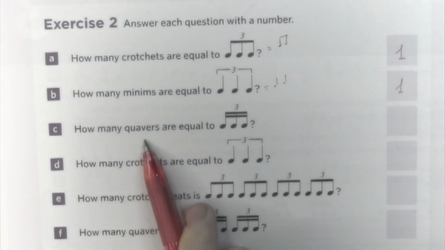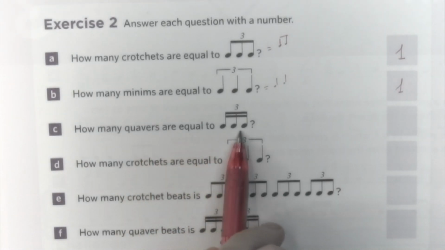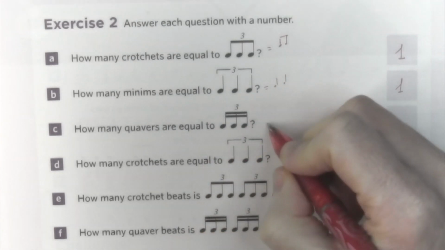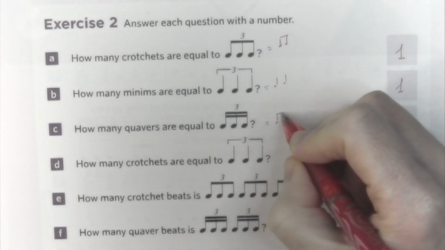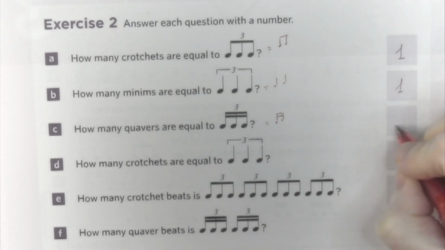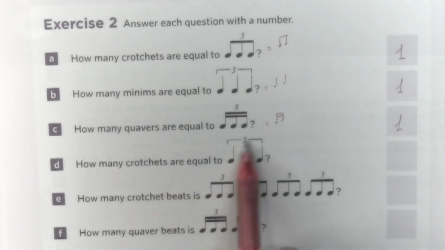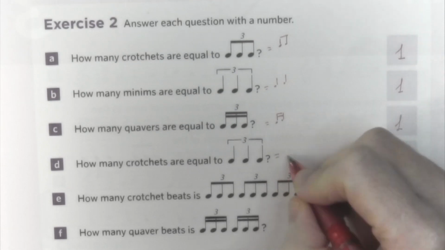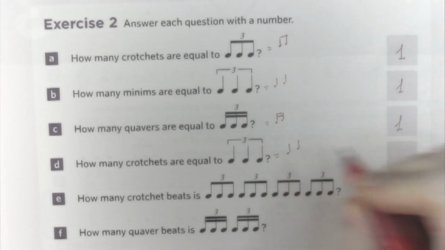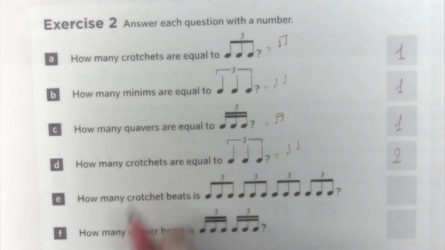How many quavers are equal to 3 semiquavers as a triplet, which equals 2 of the same kind? So 1 quaver. How many crotchets are equal to 3 crotchets as a triplet, which equals 2 of the same kind? So 2 crotchets.